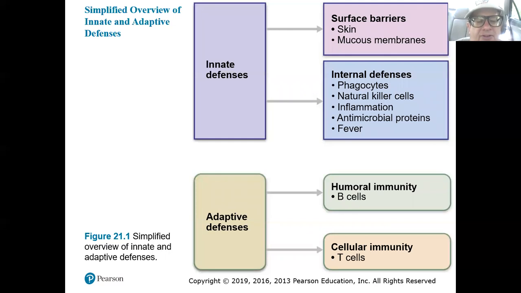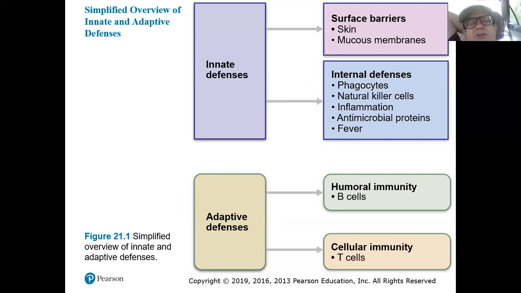But before we get to those adaptive things, let's go through the innate defenses. There are physical barriers like the skin and the mucous membranes, and then if invading bacteria or whatever gets past those, we have phagocytes, cells that eat invaders.